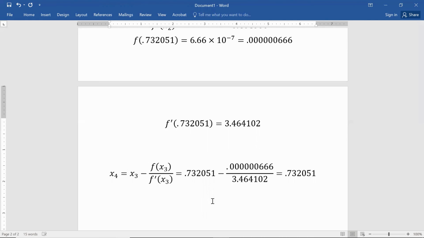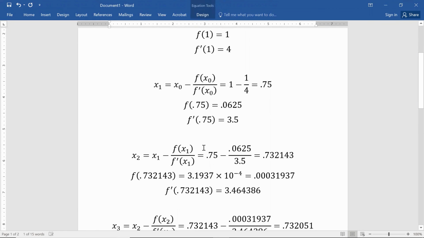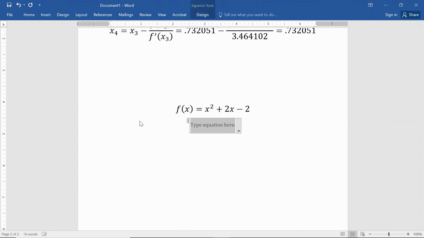Now, the reason I chose this function, f of x equals x squared plus 2x minus 2, is because this does have an algebraic way of solving and looking for roots. If I want to find when this function is equal to 0, well, I can simply use the quadratic formula.